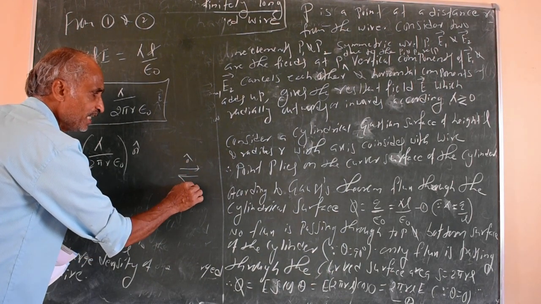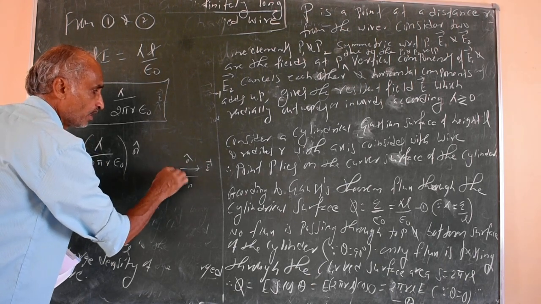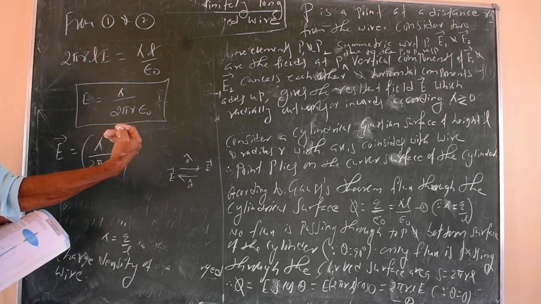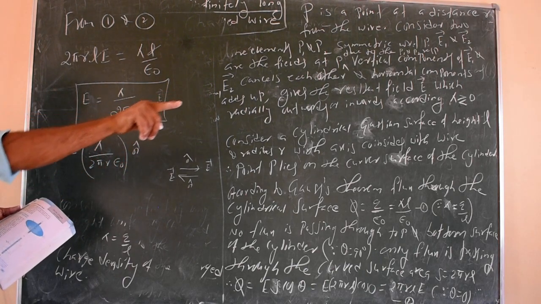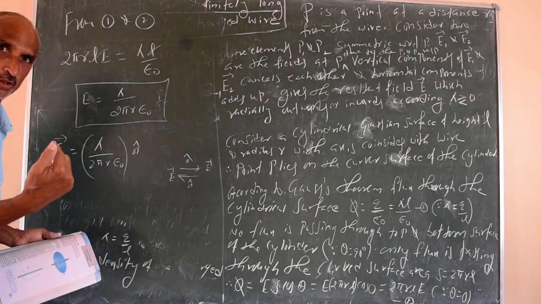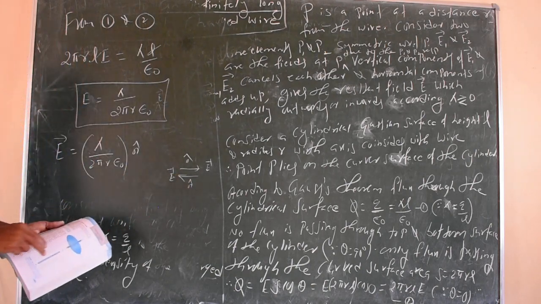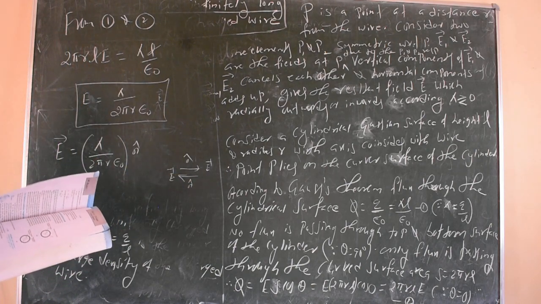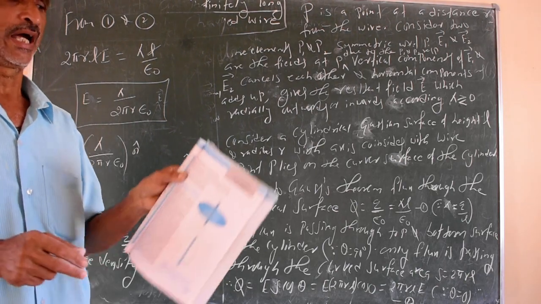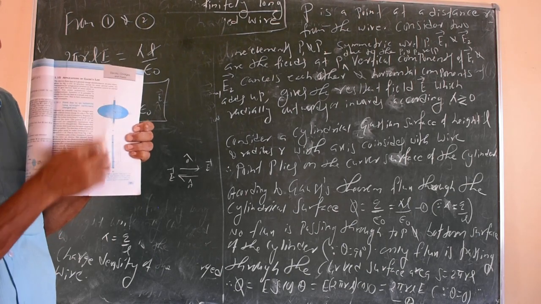If the wire is negatively charged, then the field is radially inwards, and n cap is also radially inwards. Therefore, n cap is a unit vector radially outwards or inwards, perpendicular to the plane of the curved surface.